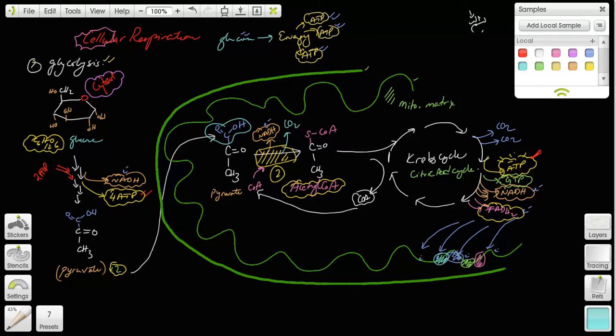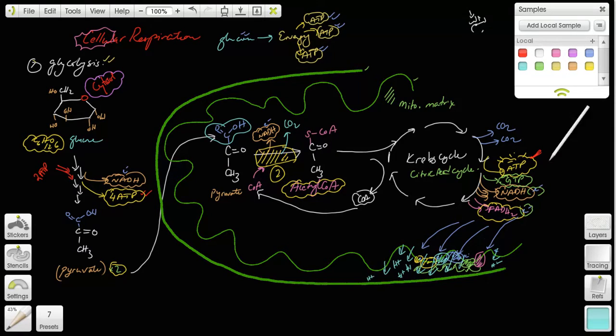What does that mean? The electron transport chain, as the name implies, is a series of proteins which take up the electrons from the electron donors, from all of these guys, and these are high energy electrons, by the way. They use the energy, and they kind of hot potato the energy, similar to photosynthesis, and they use that to generate a hydrogen ion gradient. The process is very similar to what happens in photosynthesis.